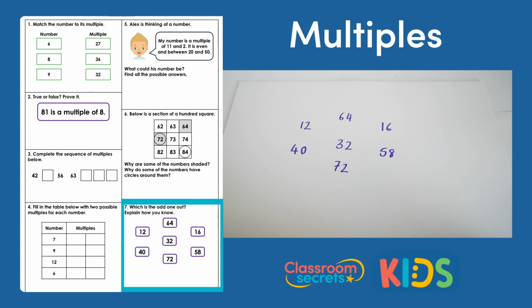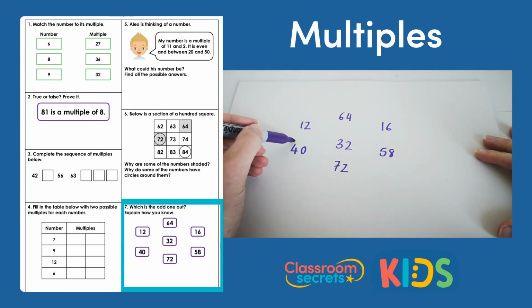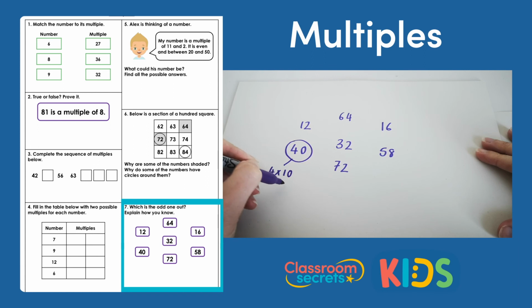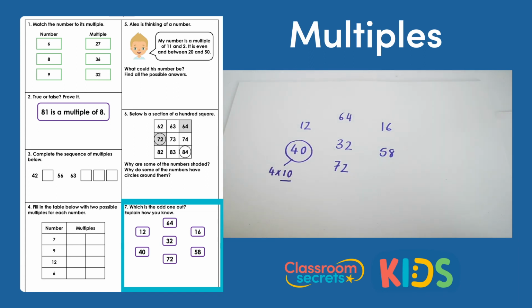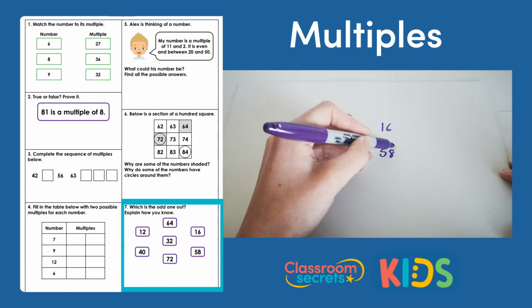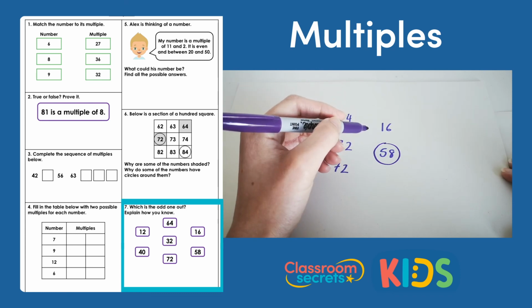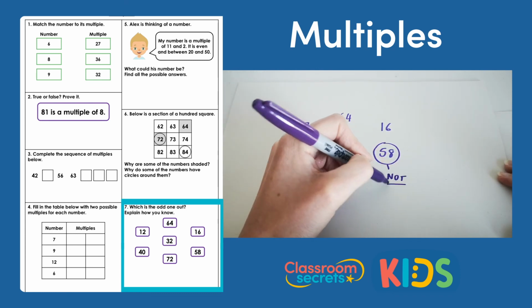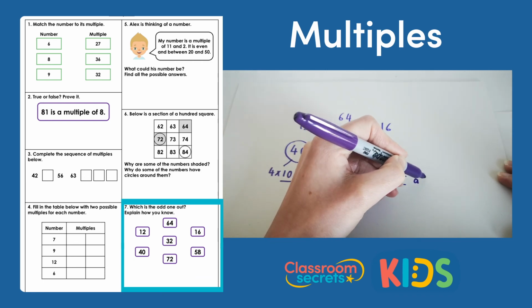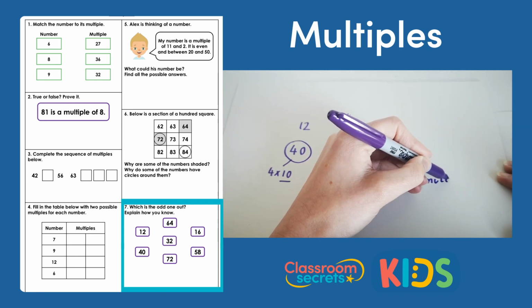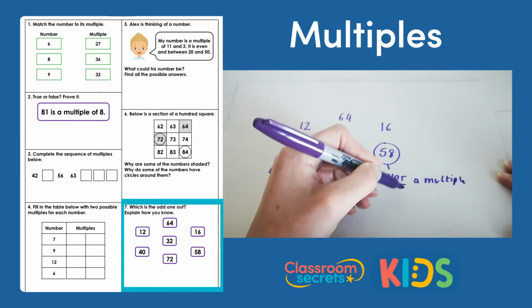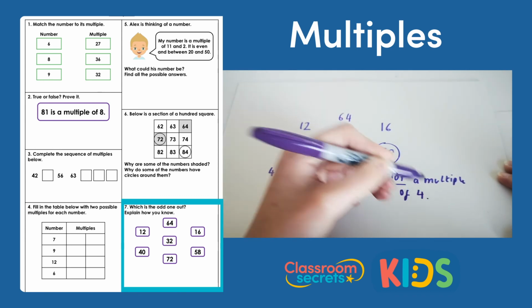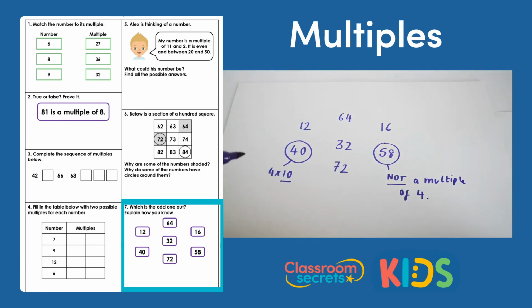However, you could say that 40 is the odd one out because it is the only one that is a multiple of 10. You could say that 58 is the odd one out because it is not a multiple of 4, whereas the rest of them are.